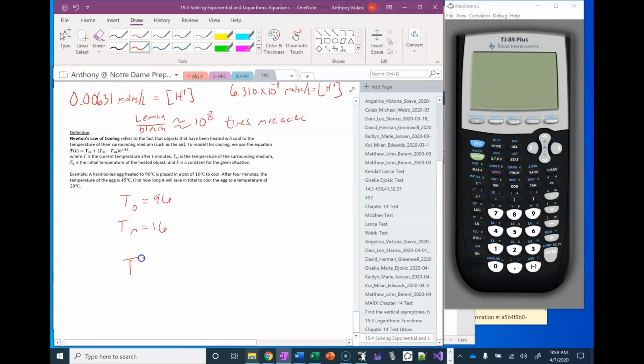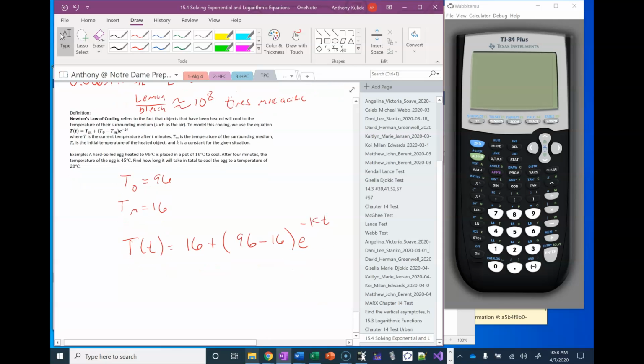So from our model, then, we have this, but we have an issue because we don't know K or T here, right? We don't know K, so how long to find something, we don't have that information.